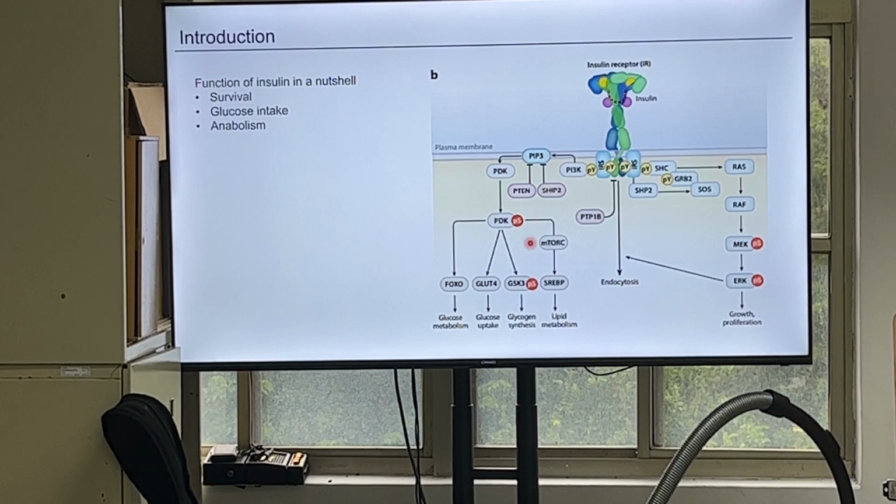Here mTOR is mostly involved in lipid and amino acid and protein metabolism. When insulin kicks in, the effect is an increase of protein synthesis and lipogenesis, which means generating lipids, and a decrease of lipid catabolism.